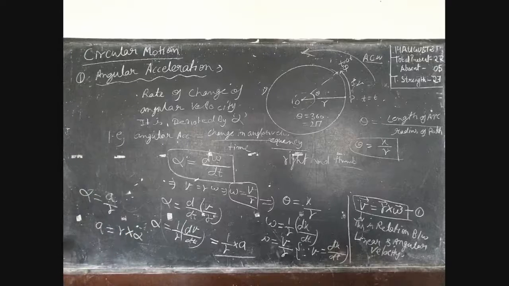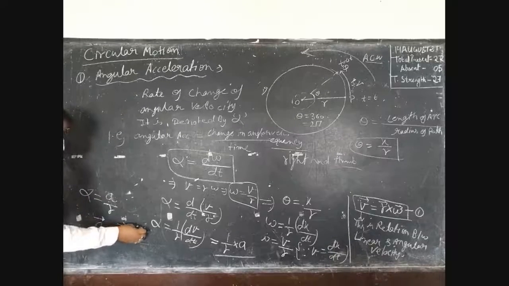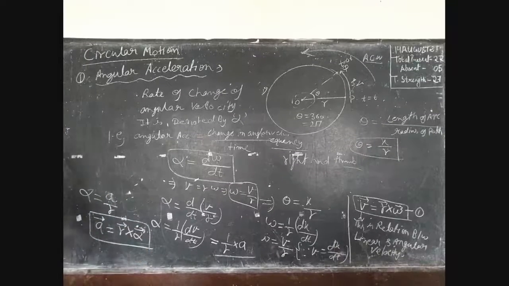Now all three are vector quantities, that is vector a, vector r and vector alpha. That means angular acceleration is also a vector whose direction is determined by the right hand thumb rule.